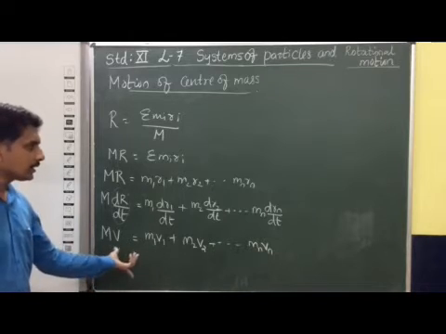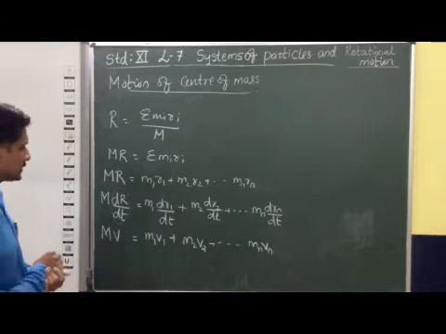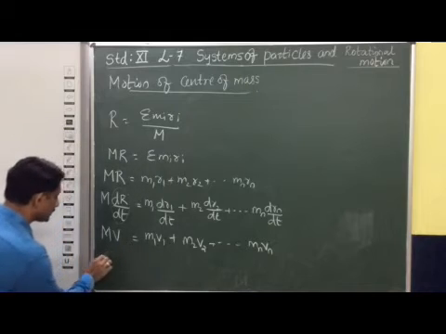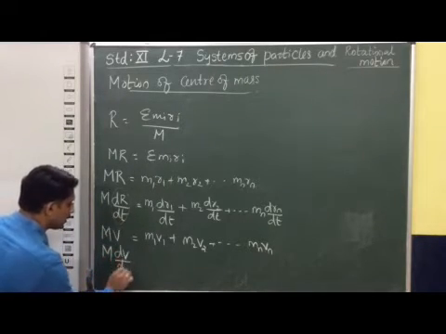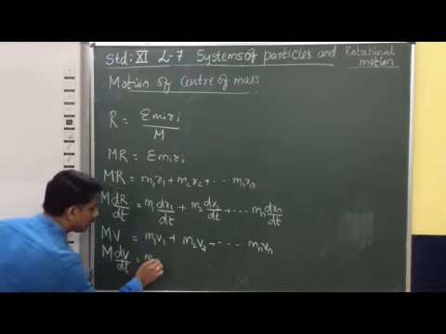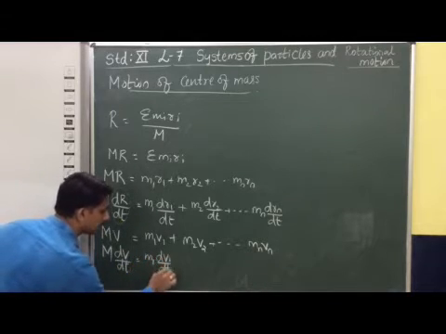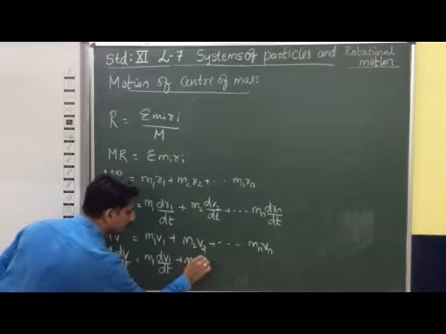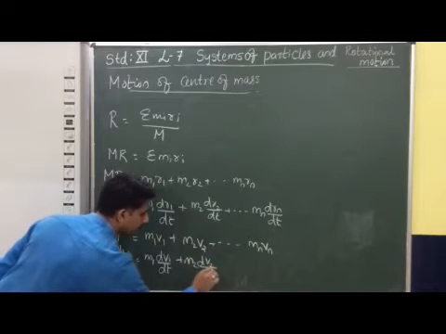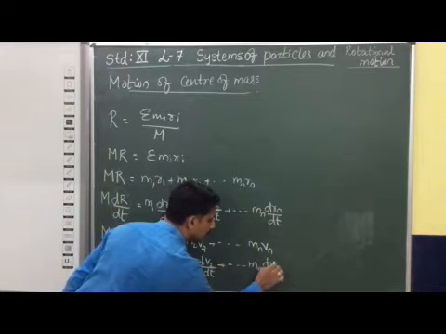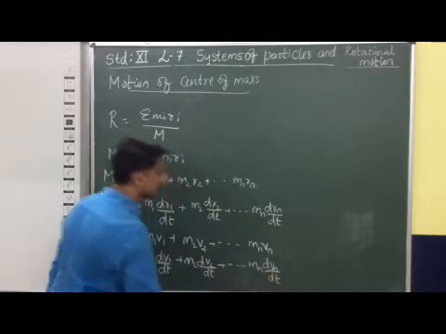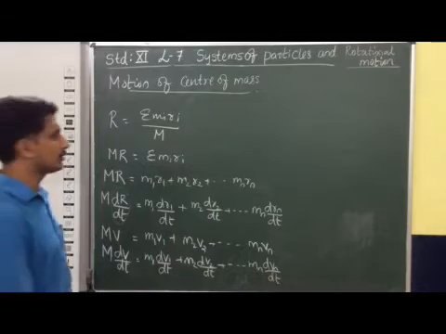Now, once again, if we differentiate with respect to time, this equation becomes M into dV by dt is equal to m1 into dv1 by dt plus m2 into dv2 by dt plus etc., up to mn into dvn by dt. So this way we write our equation.